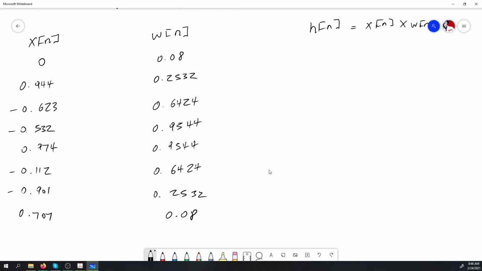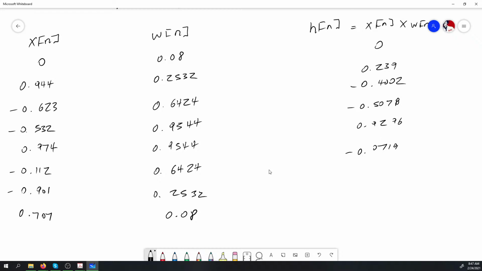So the first value here is going to be 0, and this one is going to be 0.239, minus 0.4002, minus 0.5078, 0.926, minus 0.0719.